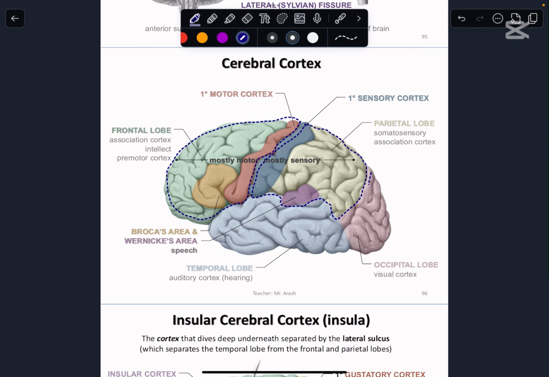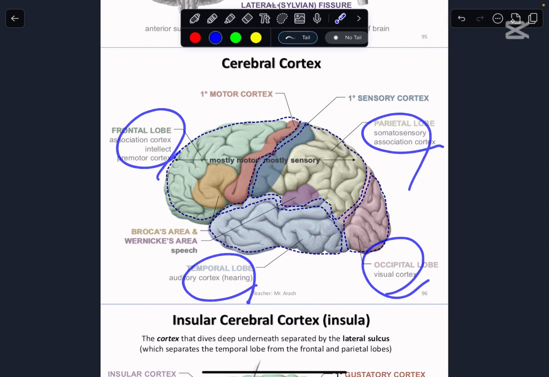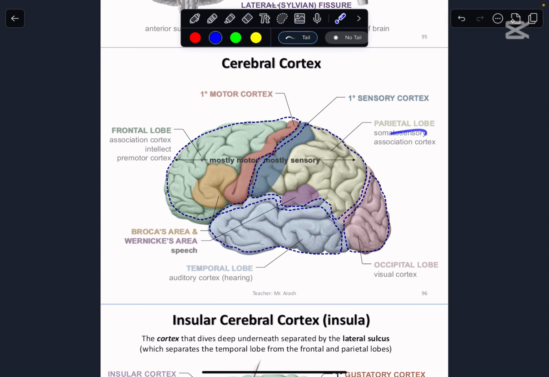And then you have the occipital lobe, and finally the temporal lobe, okay? Make sure you understand where those lobes are and their main functions, which are listed right below them, which I already discussed.